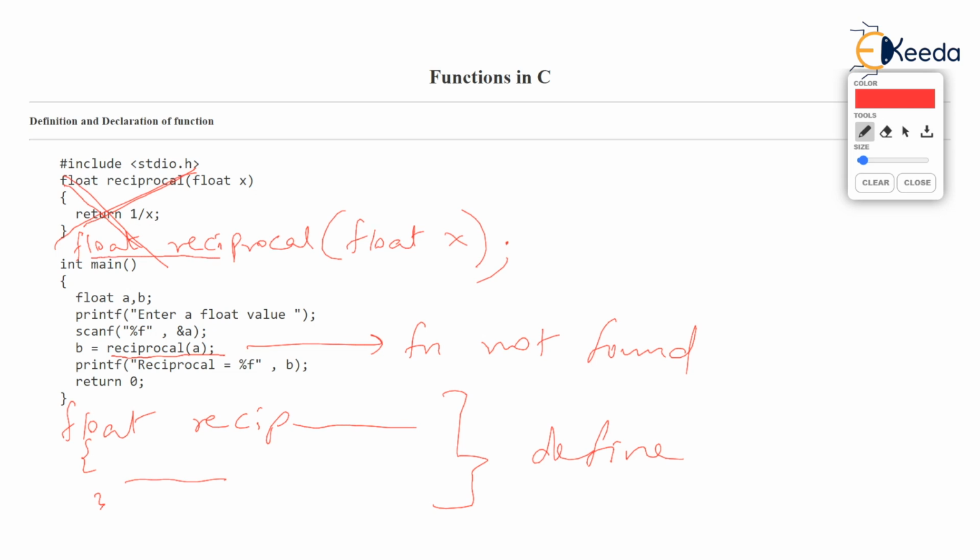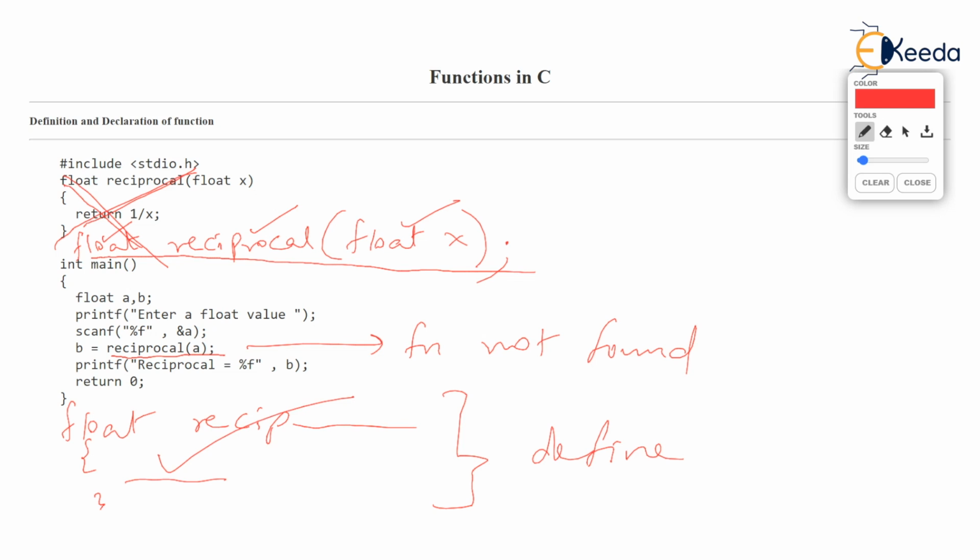You are telling C that hello, there is a function reciprocal somewhere in the program which has a float parameter and which returns a float. So this line takes care of this error, and C now knows that okay, there is a reciprocal function. If it is not located above main, it must be located below main, and it will run this function now.